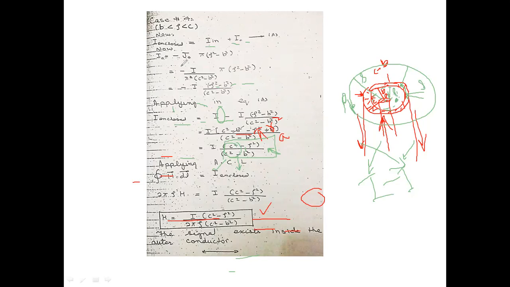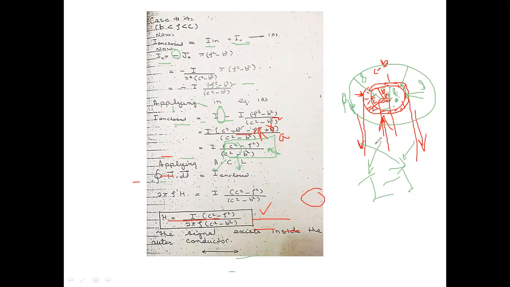For example, I outer from the outer conductor is equal to minus J naught. Minus is because the current is moving opposite to the current flowing in the inner conductor. So if the inner conductor is positive, the current flowing through the outer conductor will be negative.